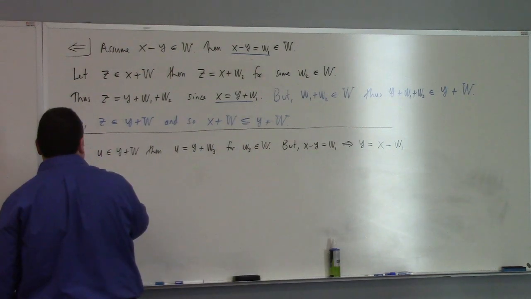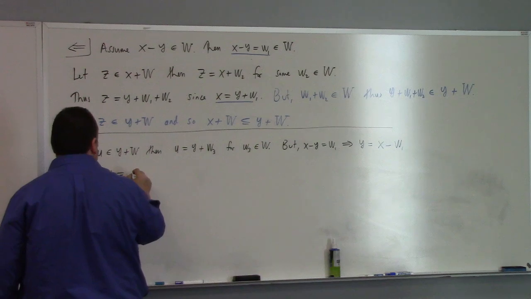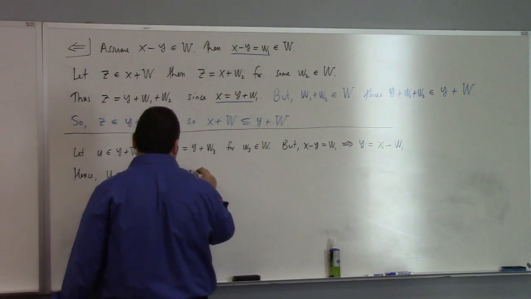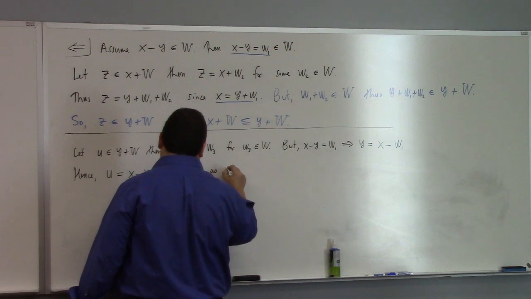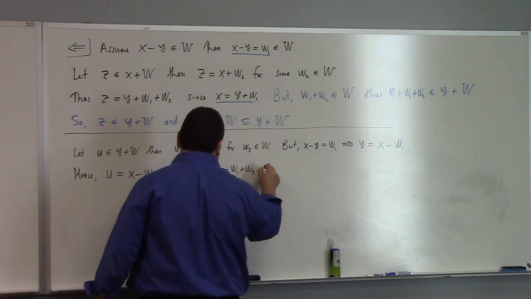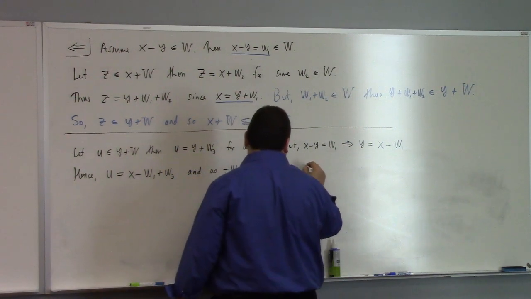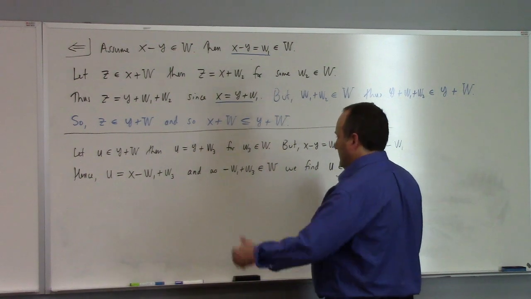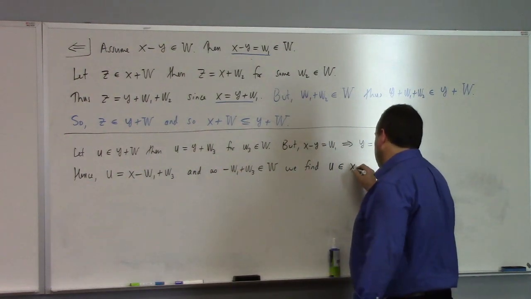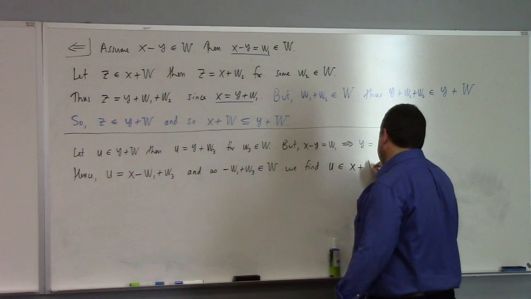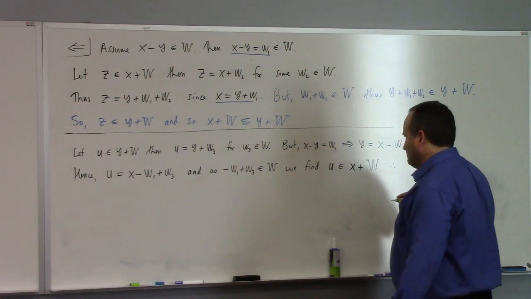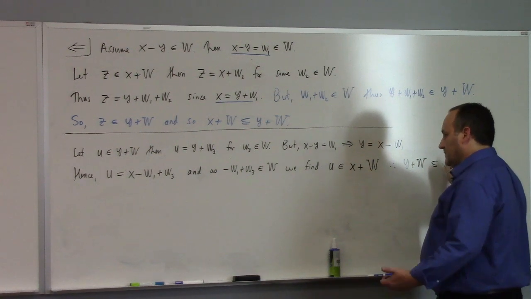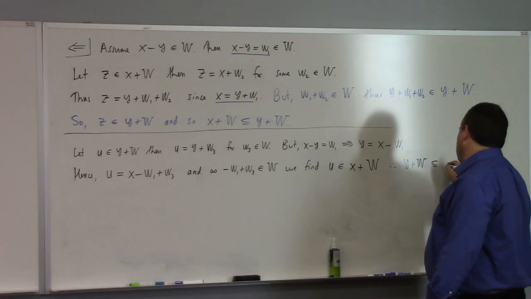Hence, u is equal to x minus w1 plus w3. And as minus w1 plus w3 is an element of W, we find that u is an element of x plus W. Therefore, y plus W is a subset of x plus W.